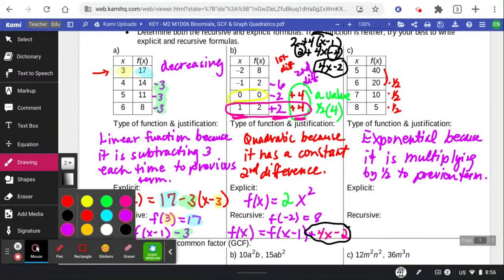Okay, then for my recursive, we say f of 5 equals 40. F of x equals f of x minus 1 times 1/2. That's my multiplier.